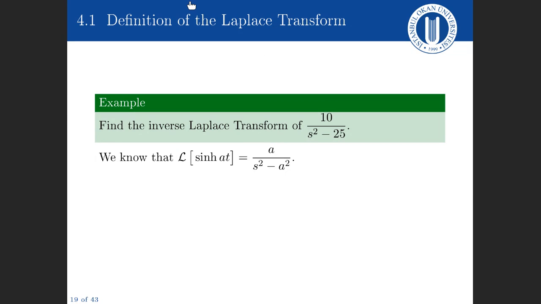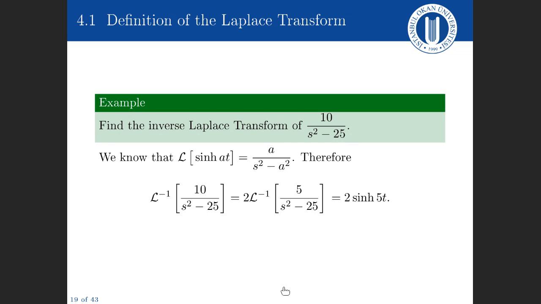And that sort of looks like what we have. We have s squared minus 5 squared. But we don't have 5 on the top, we have 10 on the top. We just do a quick rearrange, take the factor of 2 out so that we do have 5 divided by s squared minus 25, giving 2 times sinh 5t.